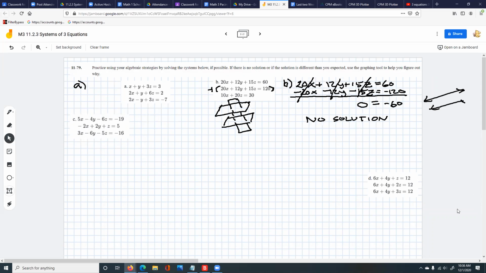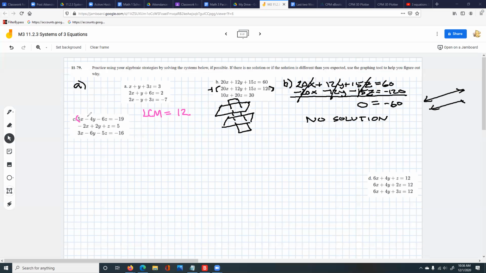What is the lowest common multiple of 4, 2, and 6? That's lowest common factor. But lowest common multiple is a number bigger than 4, 2, and 6 that all are multiples of. They're all multiples of 12. So I would need to change all these to 12.